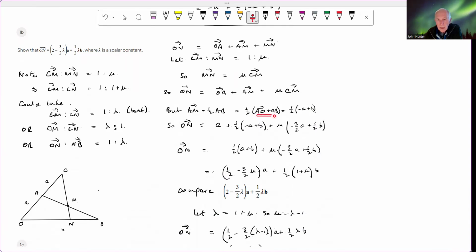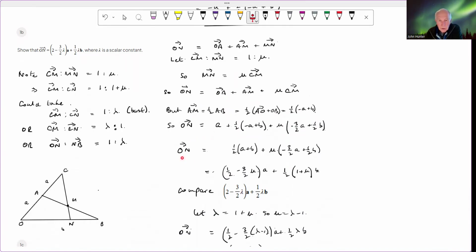Now AM is going to be half of AB, as we've seen before. So that's half of AO plus OB, which is half of minus a plus b. We calculated that before. If we put all those bits together, ON equals a, that's from the OA, plus this, which is our AM here, and then mu times our CM, which we calculated in part one.